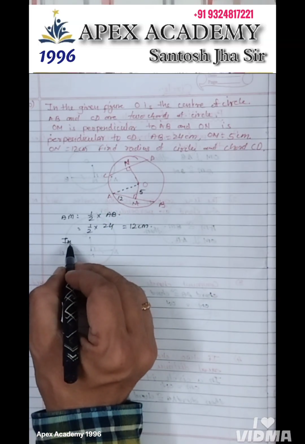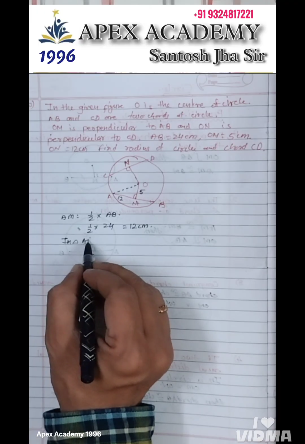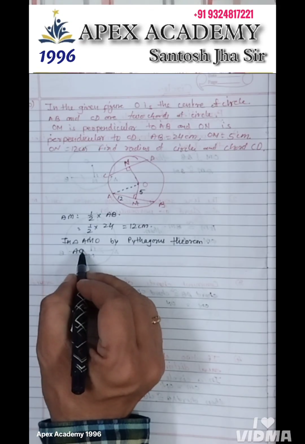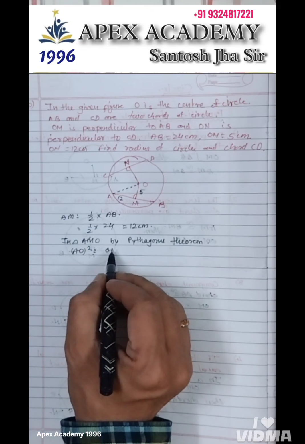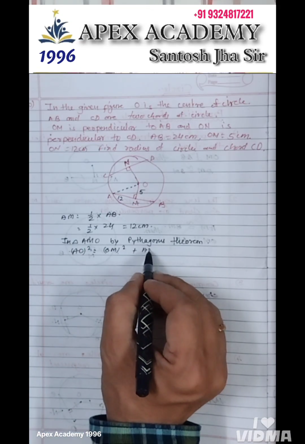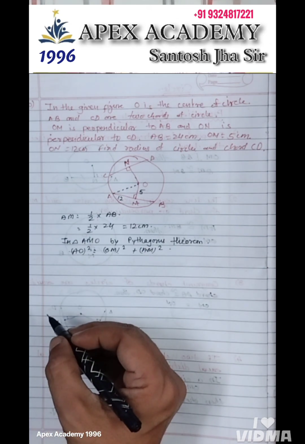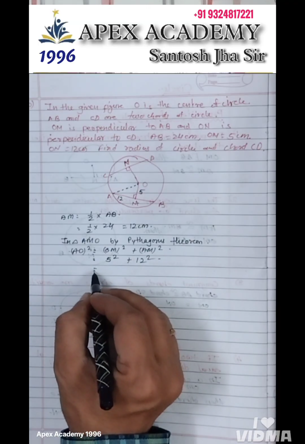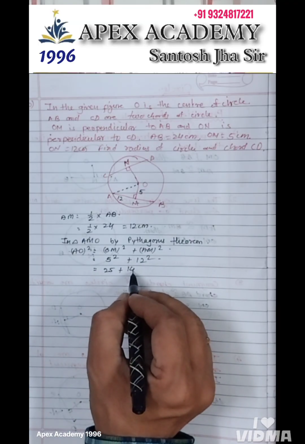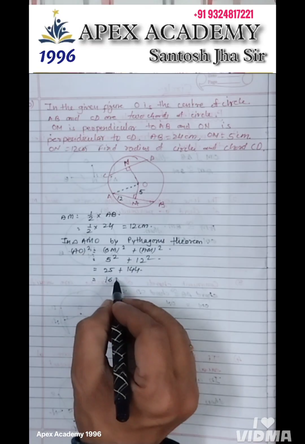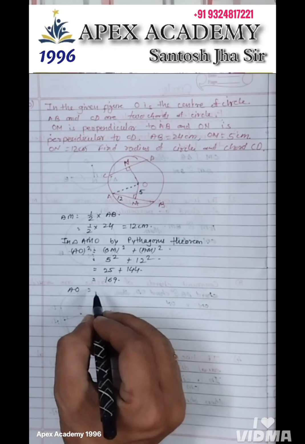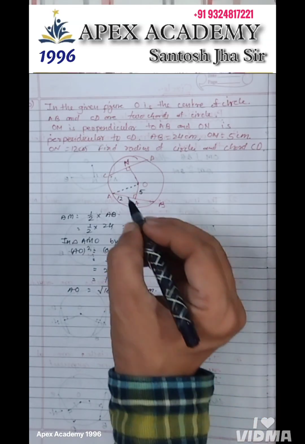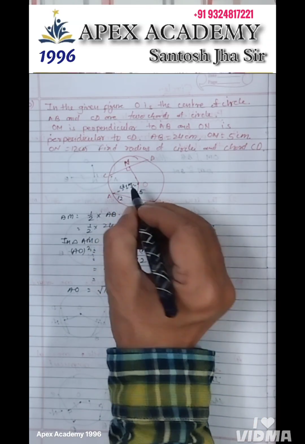So now in triangle AMO by Pythagoras theorem, we'll get AO square is equal to OM square plus AM square. Now OM is given 5, AM is 12, 5 square is 25, 12 square is 144, total is 169. So finally AO will be root of 169, that is 13 centimeter.